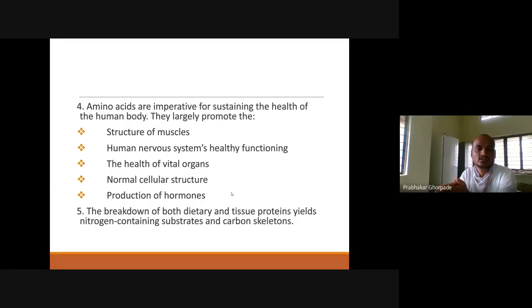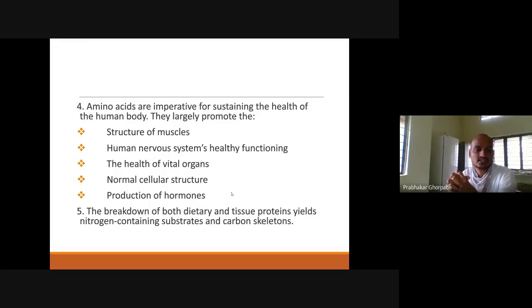So for the health of vital organs, we have liver, spleen, heart. To maintain these vital organs, we need proper amino acids, right? Because most cell structures are also made up of amino acids, which means they contain proteins, right? If the protein and amino acid balance is good, then this protein can be synthesized.